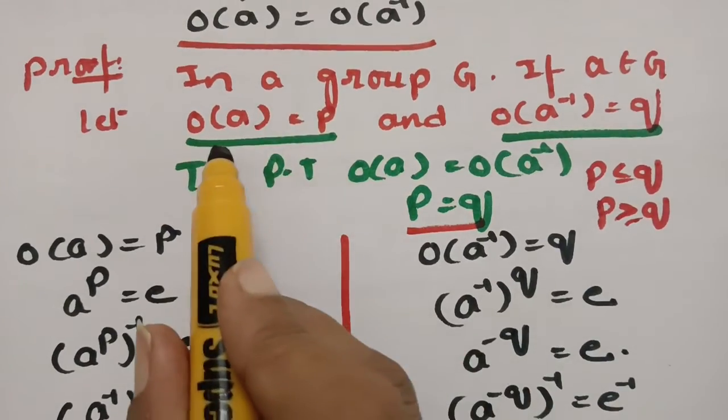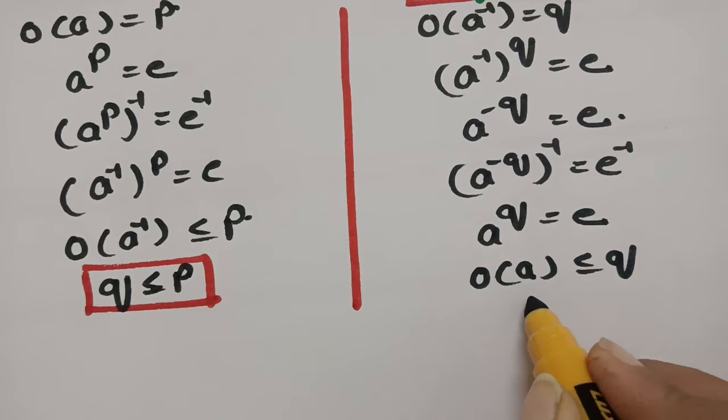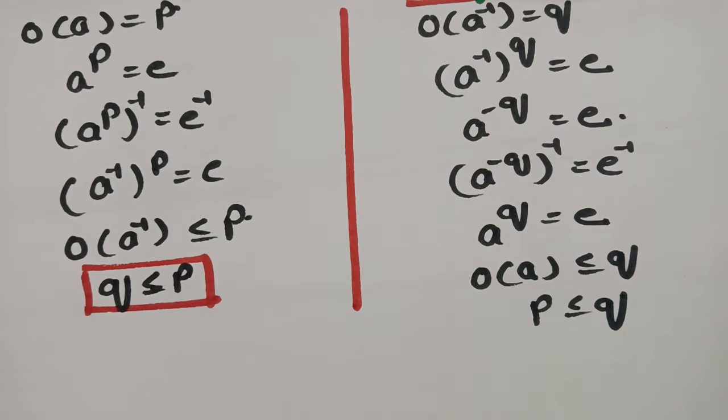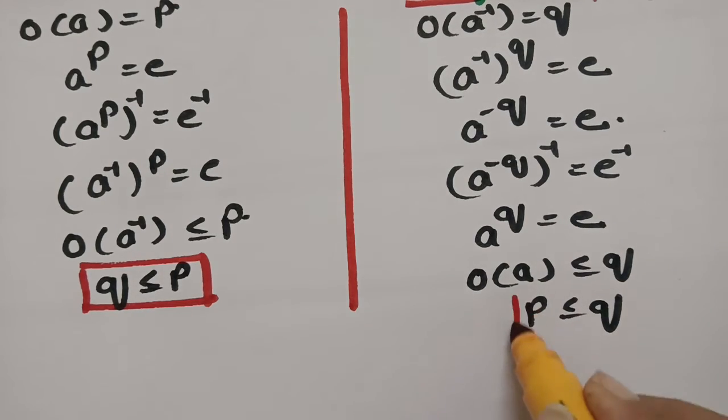What is order of A? Order of A is equal to P. So this is nothing but P less than or equal to Q.